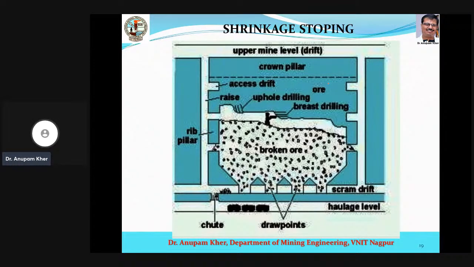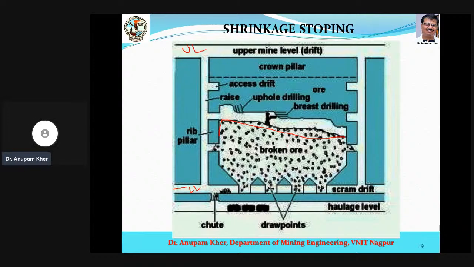There is a lot of discussion on whether the shrinkage method should be an open stoping method or a supported method. So what is being done here is that we actually move from this lower level to the upper level, in terms of different slices. Some portion of the broken ore is being left inside the stope itself.